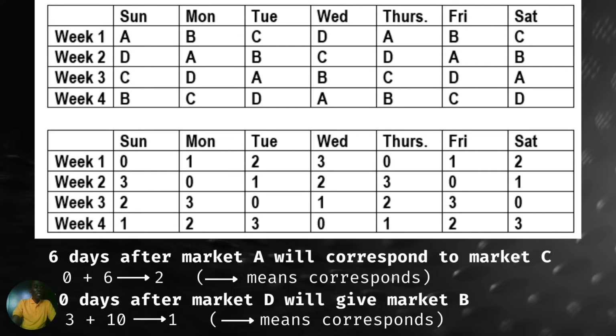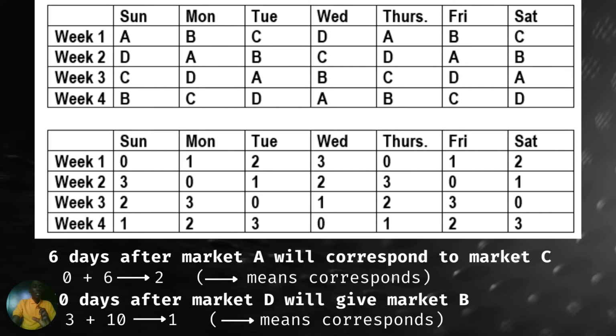Same thing goes with this. Market A, when we count 6 days from market A, will correspond to market C, which is 2. Now, this is how we go about looking at modular arithmetic.